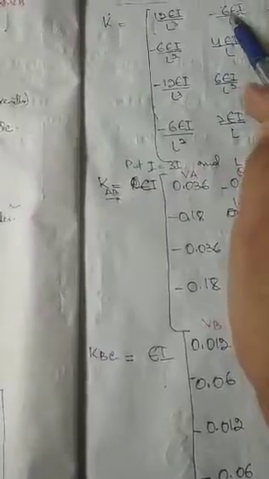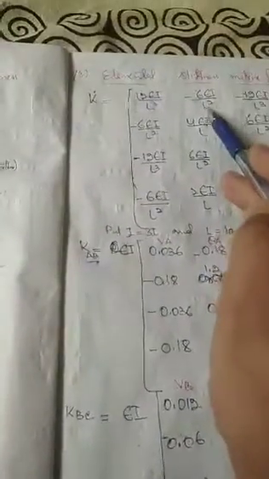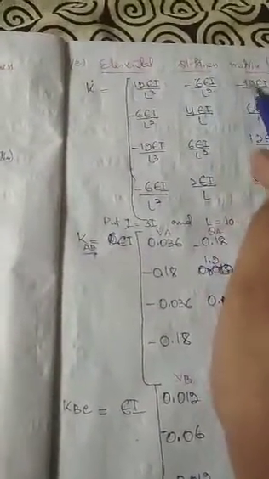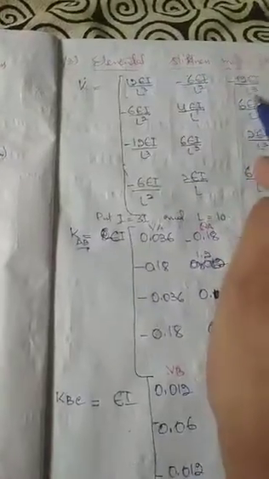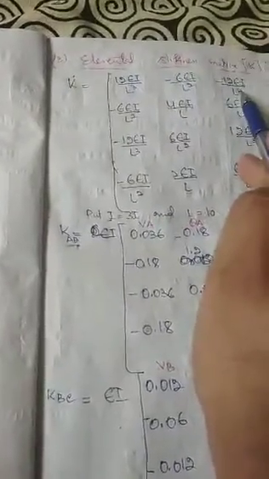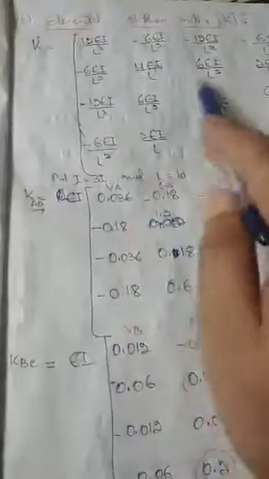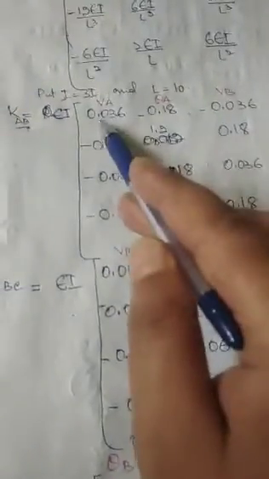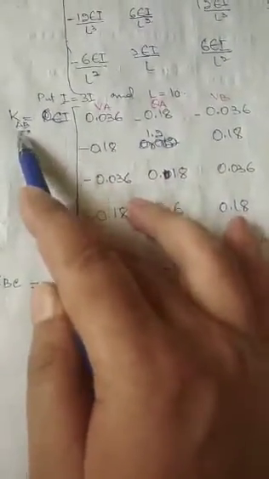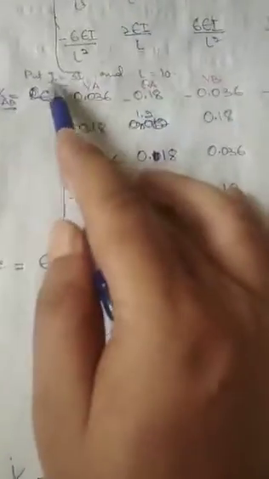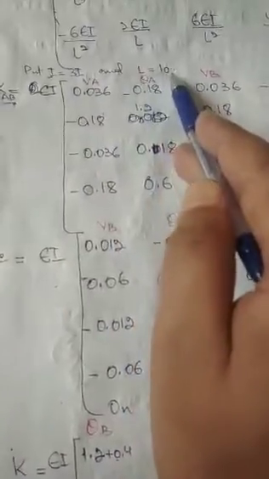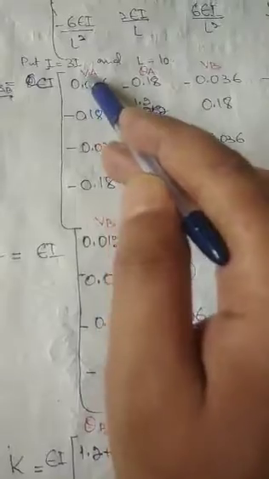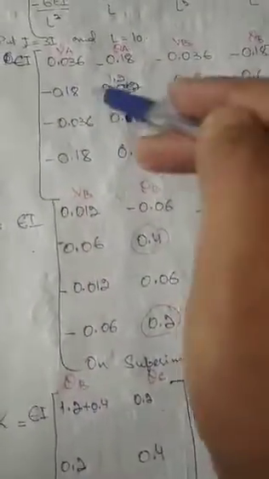Here 6 times 3EI by L square means 10 square. Here 12 times 3EI by L cube, 10 cube. On substituting the values, with I equal to 3I and L equal to 10, we get the K matrix of the AB span. So here we got the matrix for KAB.